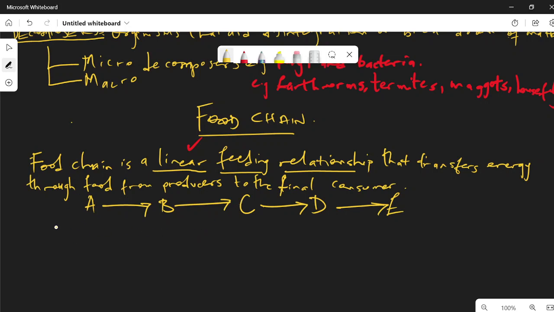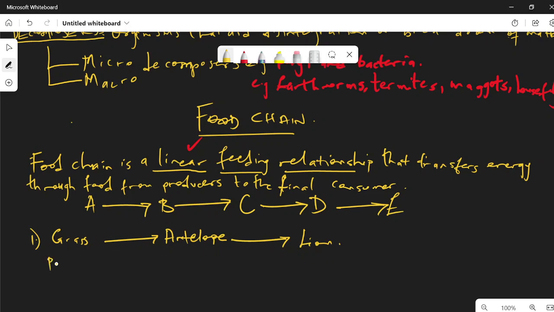So examples of a food chain. Let us quickly see an example of a food chain. Let's use this: grass to antelope to lion. Now we have grass, antelope, and lion.